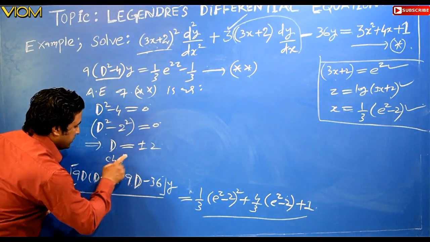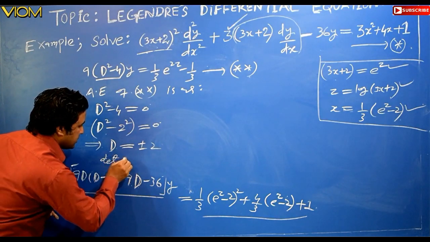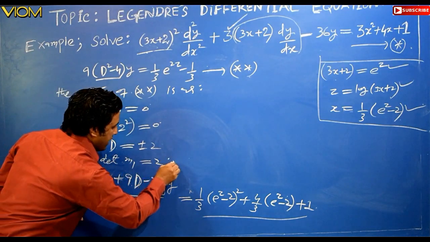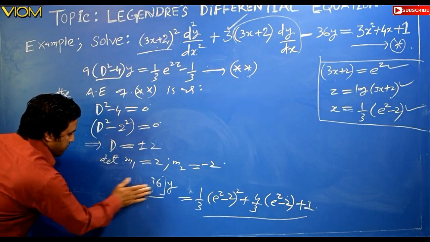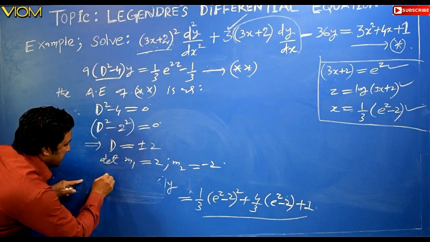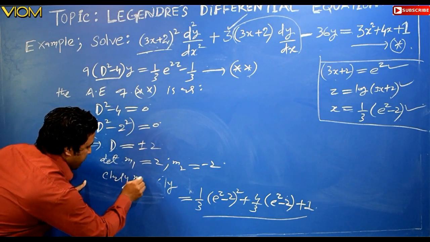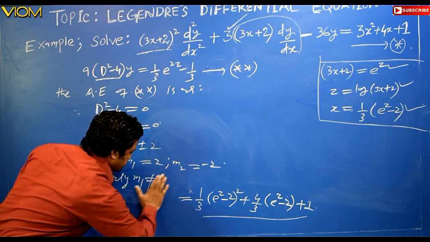Clearly, m1 = 2 and m2 = −2. Here m1 is not equal to m2.